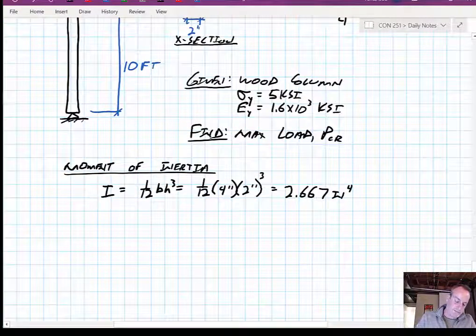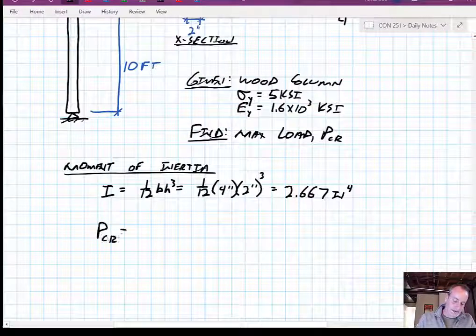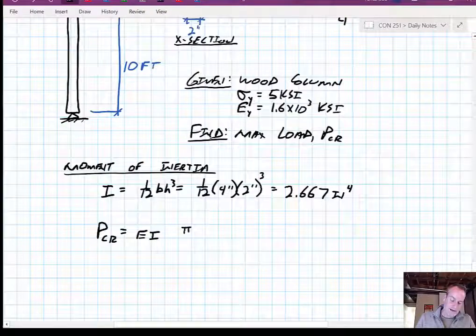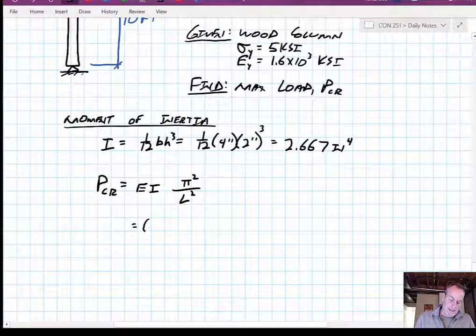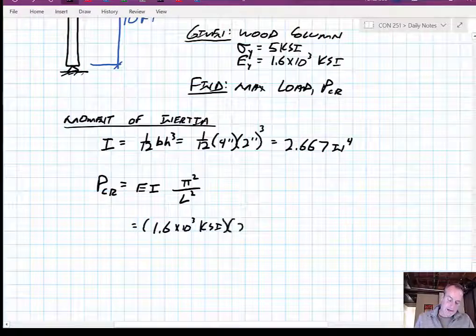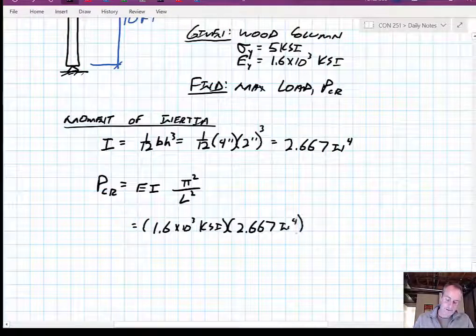All right, and now I can plug it into this P critical equation, which we said was equal to EI pi squared over L squared, where my E is 1.6 times 10 to the third kips per square inch. Our I we just found to be 2.667 inches to the fourth.